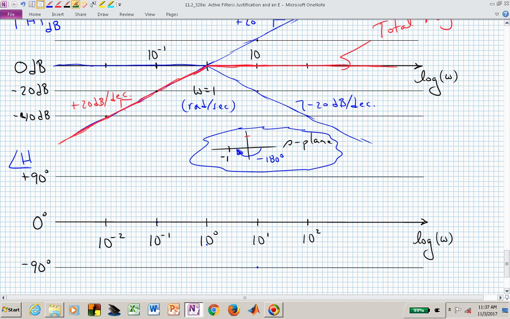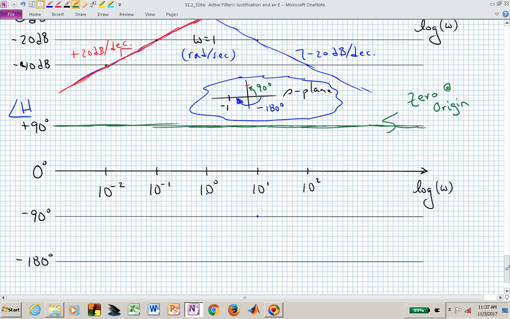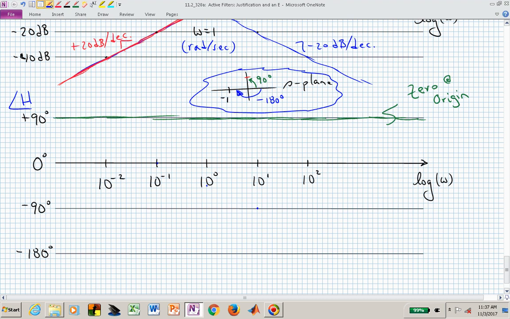So now in green, that's now our 0, and that's the plus 90. So the 0 at the origin is giving us this component in our phase plot. Here is our 0 at the origin. We have -180 degrees due to the negative sign.